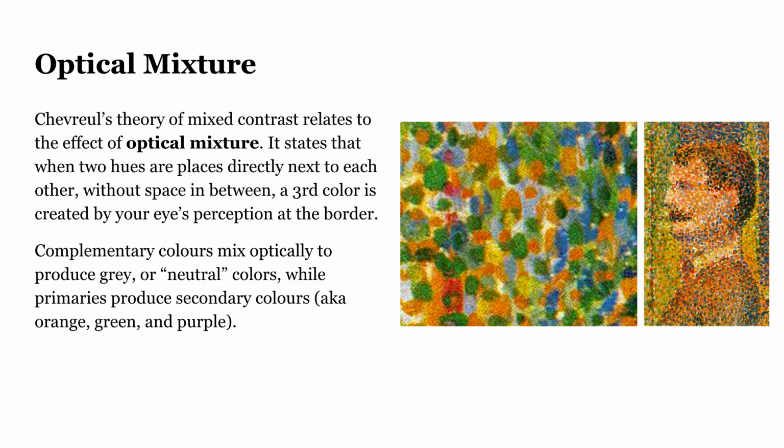It's like a Chevreul theory: when two hues are placed next to each other without space in between, a third color is created by your eye. If we put complementary colors next to each other, we get a gray or a neutral color. Primaries produce secondary colors: red and yellow give orange, blue and red give purple, and yellow and blue give green. That's how pointillists used optical mixing.